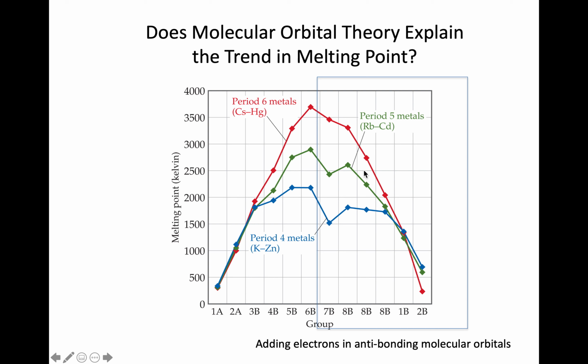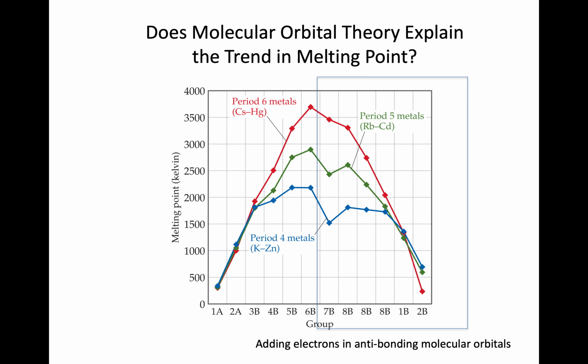That's what it means to now weaken it. Very similar to what we saw before when we were looking at the bond order in just the diatomic. But now we're thinking about what it means where we have many, many molecular orbitals found within our solid. So, does molecular orbital theory explain the trend in the melting point?